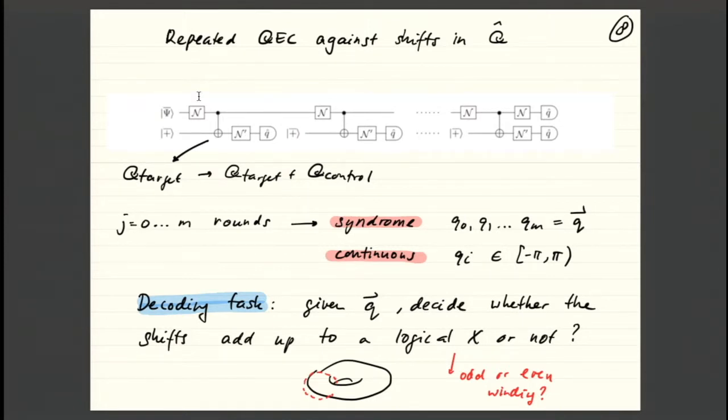Basically, I shift back by at most pi, and if the actual shift was more than pi, I make a 2 pi error, which is a logical error. So if this is perfect, I can use this Q to correct my qubit, and sometimes I make a logical error, right? Sometimes I move my 0 onto 1 and vice versa.